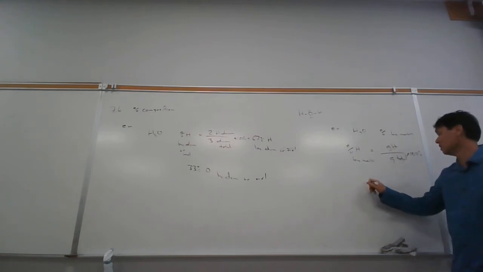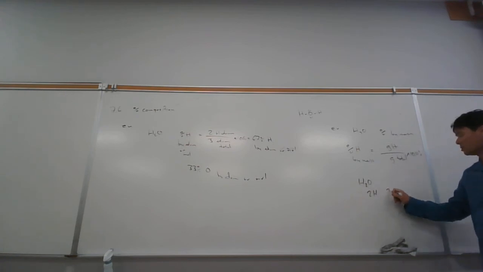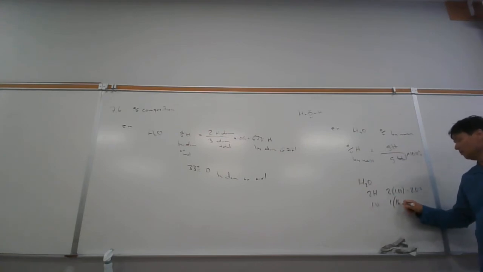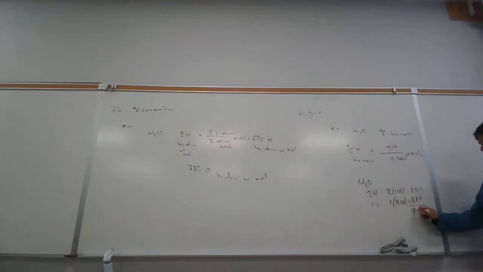When I look at H2O, H2O has 2 hydrogens, and that's 2 times 1.01, which is going to give me 2.02. And then I have 1 oxygen, and that's going to be 16.00, and this is going to give me 18.02. And so in 18.02 grams total of water, I'm going to have 2.02 grams of hydrogen in 18.02 grams of H2O times 100%.